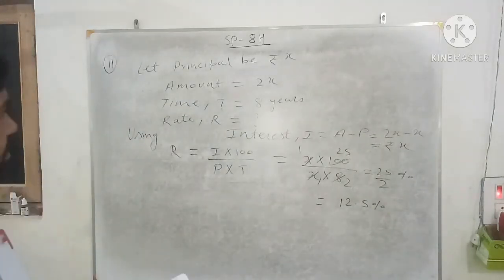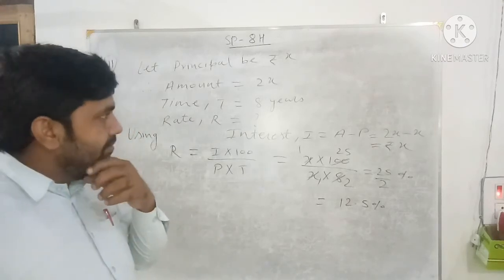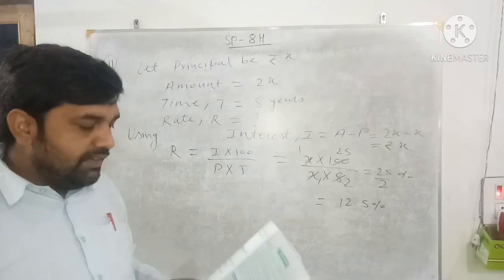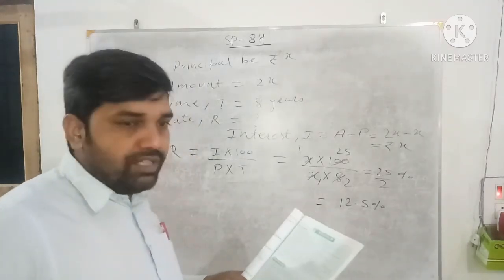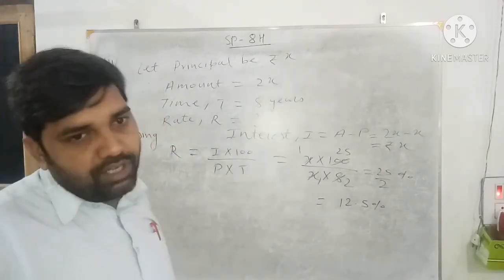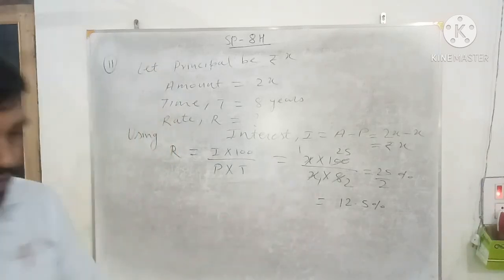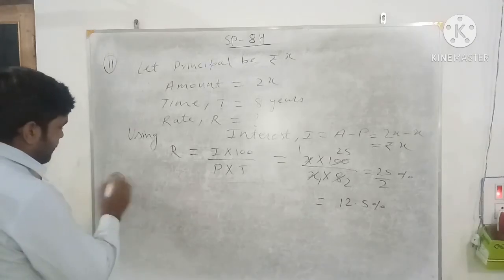Let the principal be x, so the interest will also be x, because the interest is equal to the principal. Rate is given. Now we calculate the time using the formula. In question number 12 we use the formula to calculate the time.